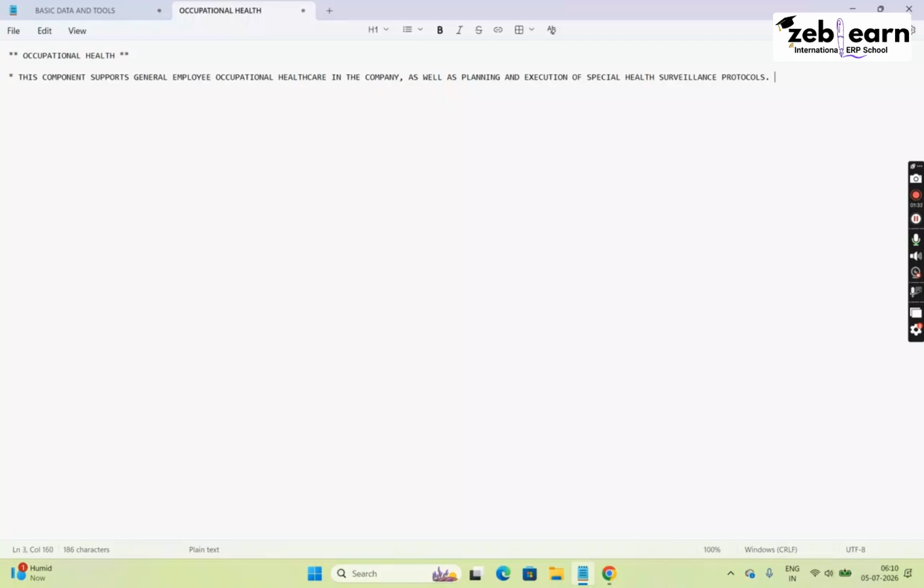Now, earlier occupational health was not very famous. Not many companies were using it. But if you see today, a lot of companies have started using occupational health, because by using this component, we can track the health or the medical records of the employees. We can create medical checkups.